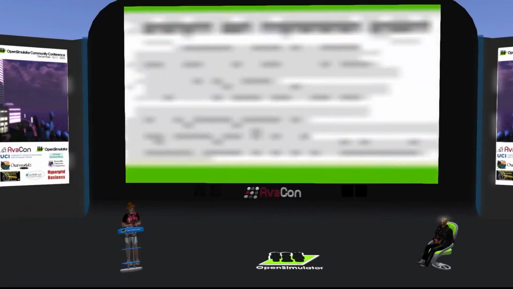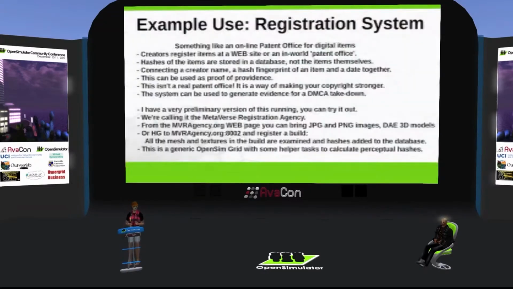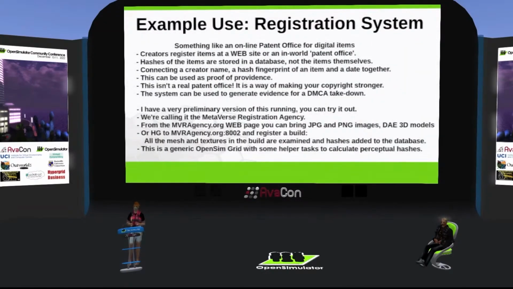And then another example is to create a registration system. This would be sort of like a patent office that creators could take their creations to, and they could have them registered. They would submit to a web page a DAE file, a couple of texture maps, and a picture of what it looks like.